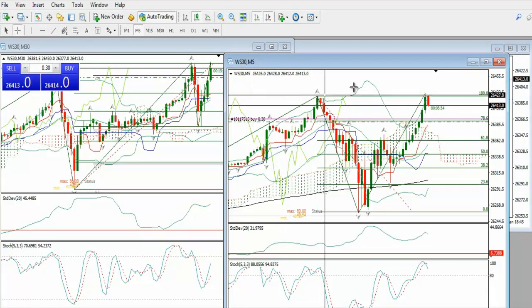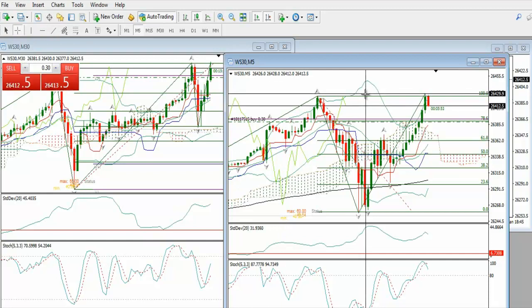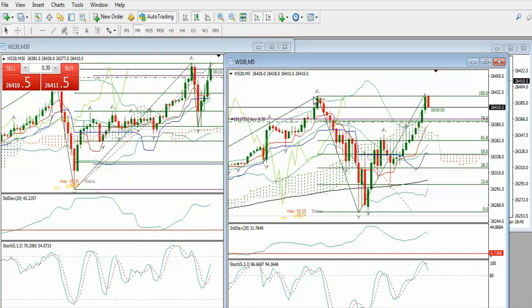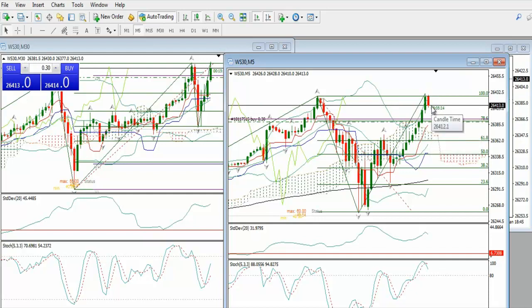Let me see, yes, we went and did an all-time high, and now it's turning back. So the retracement is already here, we lost like 20 pips, we're at 25 pips profit right now.